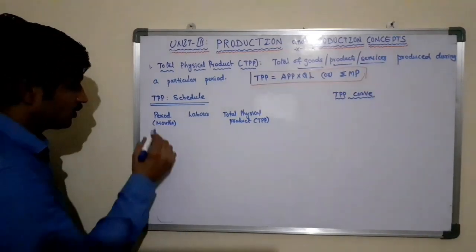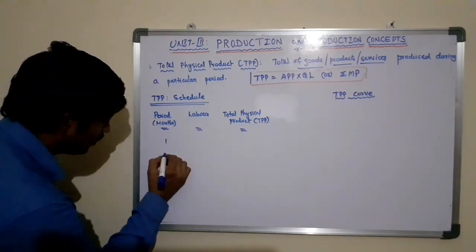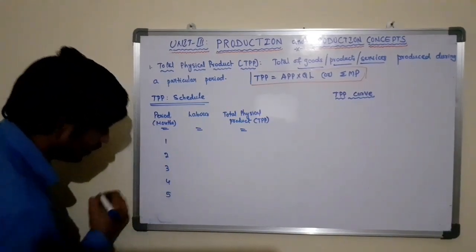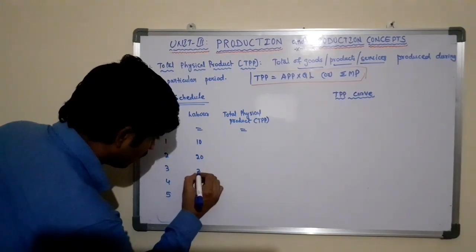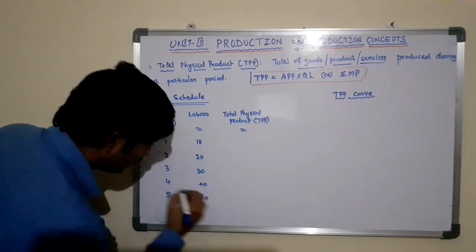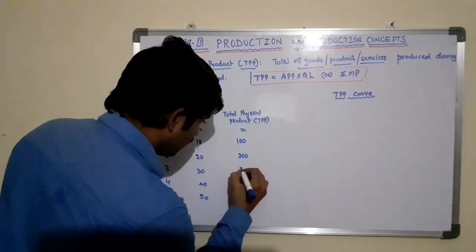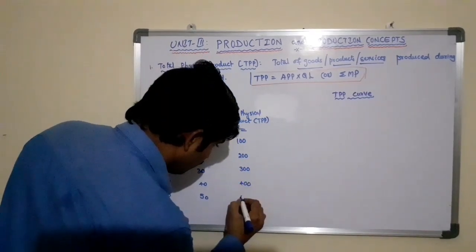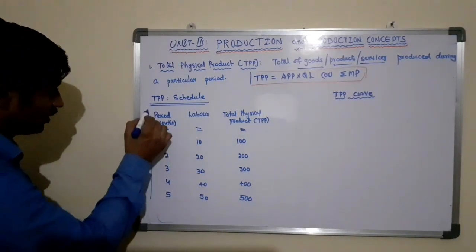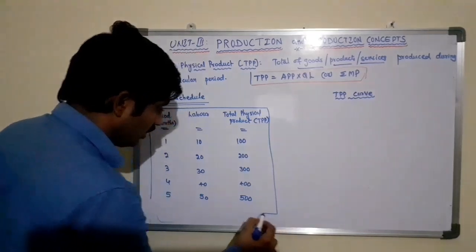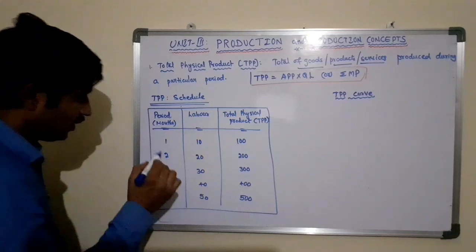Here the period is 1, 2, 3, 4, 5 months, the labor introduced is 10, 20, 30, 40, 50, and the total production is 100, 200, 300, 400 and 500. This is called the total physical product schedule, TPP schedule.